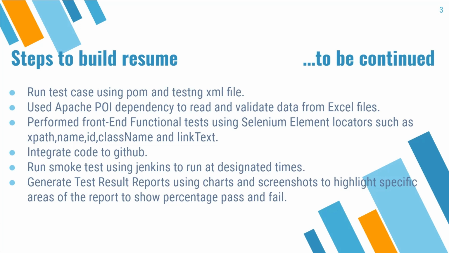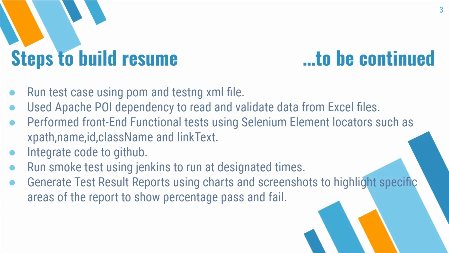Second, we talked about what tools we are using along with the programming language. Then we said what files we have added in that project, and we also talked about the Excel file.